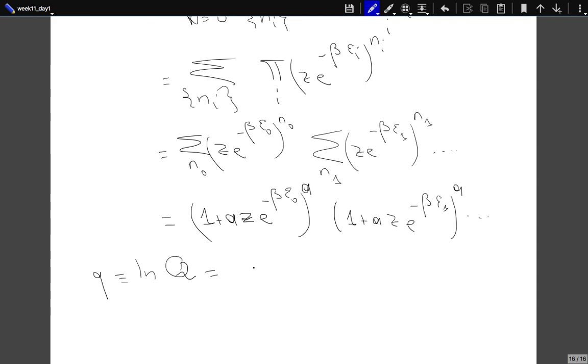This is just a times the sum over the logarithm of 1 plus a z e to the power minus beta epsilon i, sum over all single particle states. So now we have the Q potential for my system.